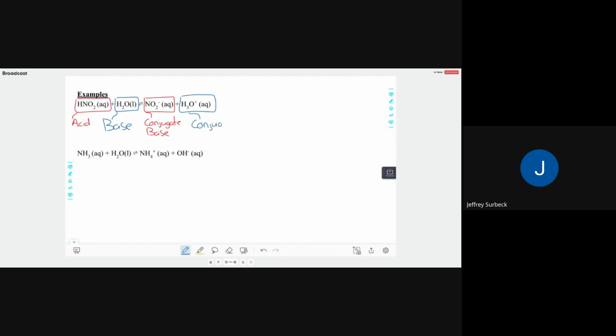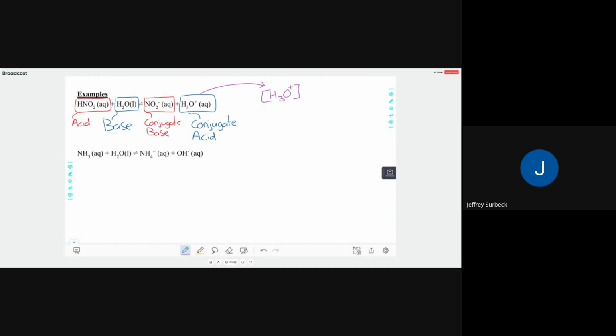Now, I do want to go one step further here and talk about H3O. Okay, so I'm going to use the color purple here, and I want to take H3O and kind of run with it. H3O is known as our hydronium ion, and we're going to deal with H3O a lot throughout this entire chapter.